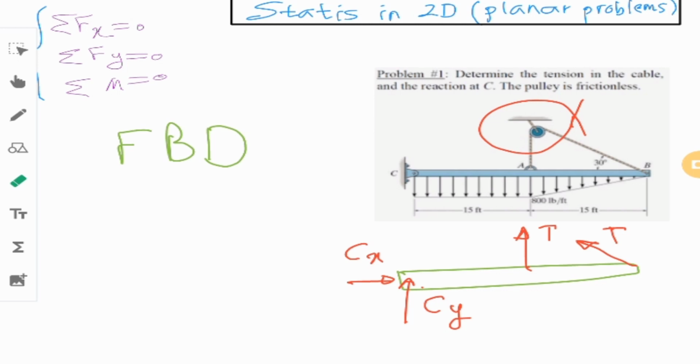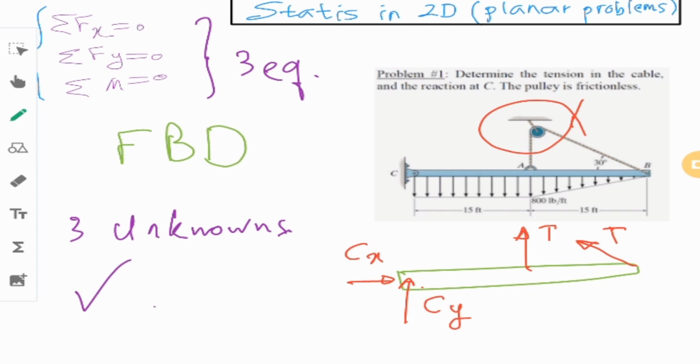Okay, right now I know I have three unknowns and three equations. Then I would be able to solve this problem.